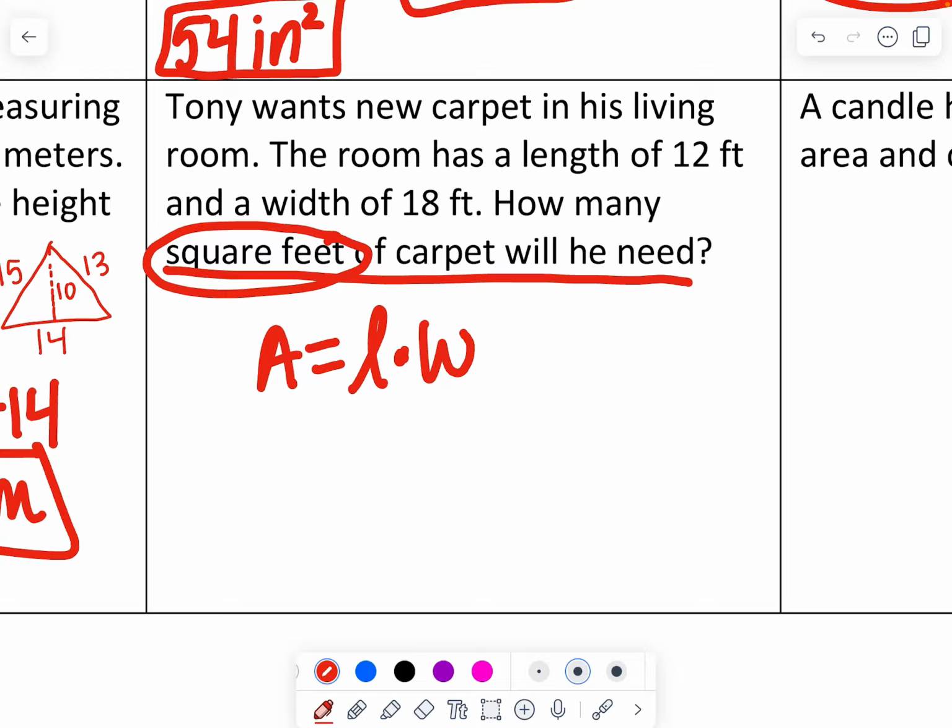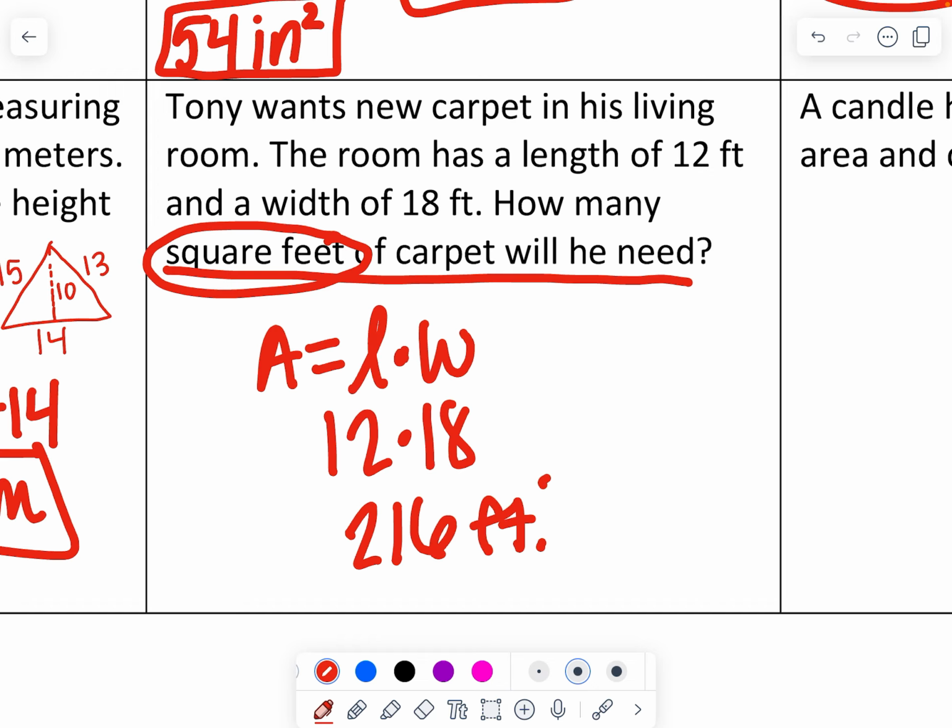Our length is 12 feet, and our width is 18 feet. So we're going to do 12 times 18. And you're going to multiply those, and you would get 216 feet squared.